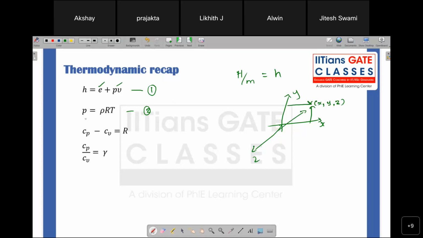Similarly, in thermodynamics, we have a very unique coordinate system, I can say. It's just an analogy, so you should not take it as a coordinate system kind of thing.